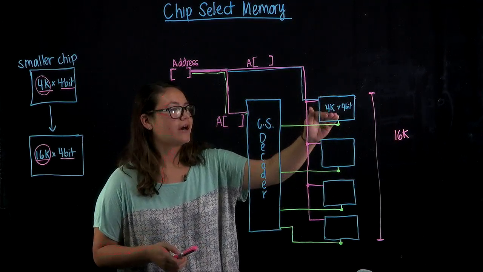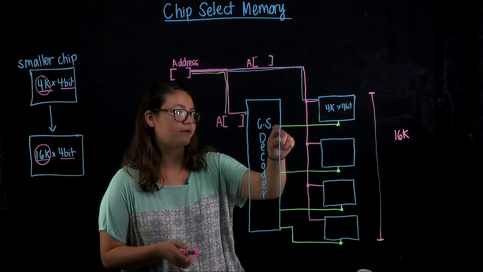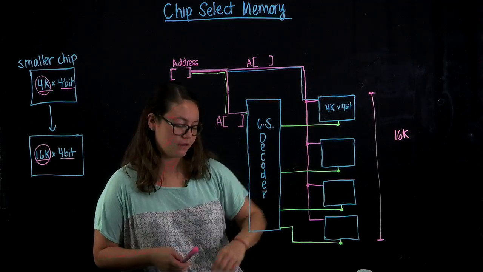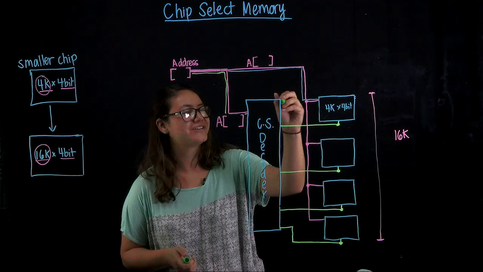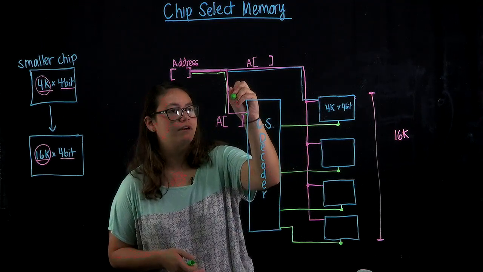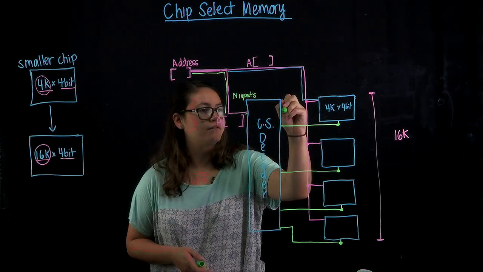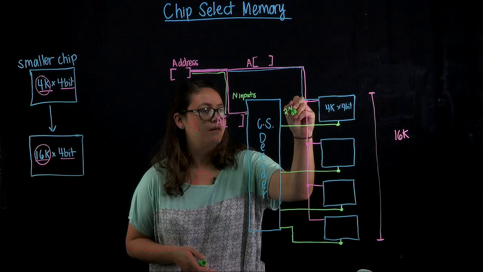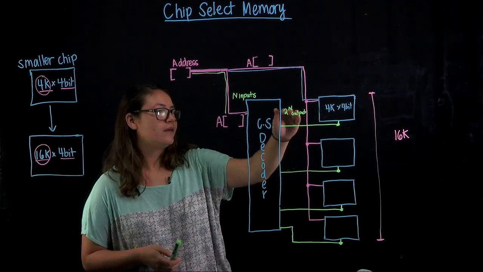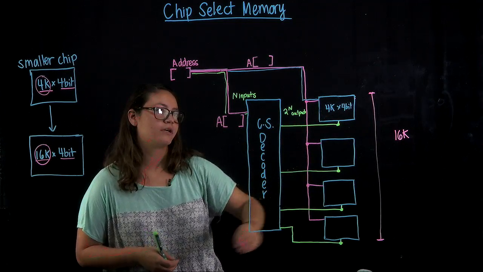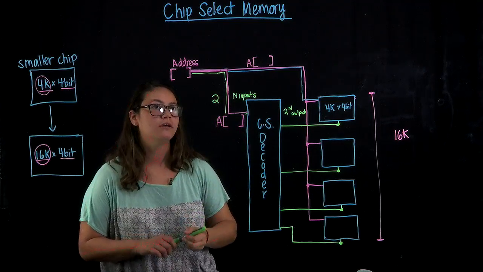If we have 4 rows in our memory, our decoder is going to have 4 outputs. So remember, for a decoder, if it has n inputs, it's going to have 2 to the n outputs. In this case, our 2 to the n is just 4, so we're going to have 2 inputs to the decoder over here.